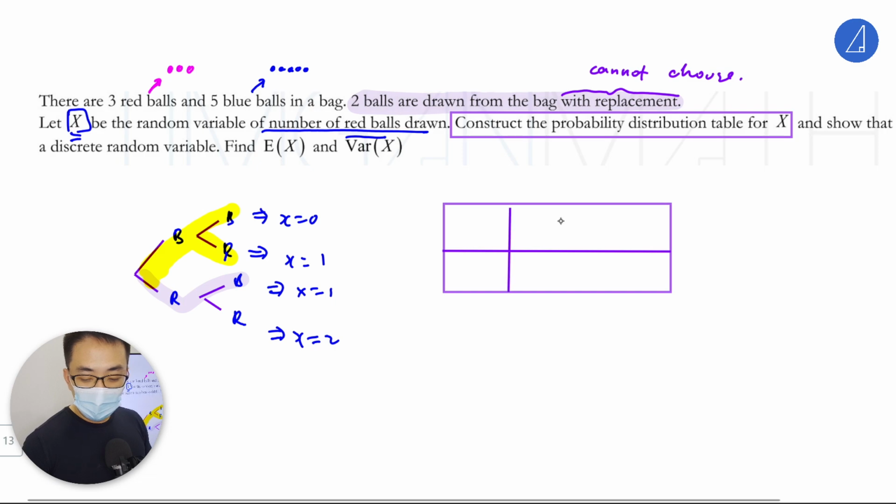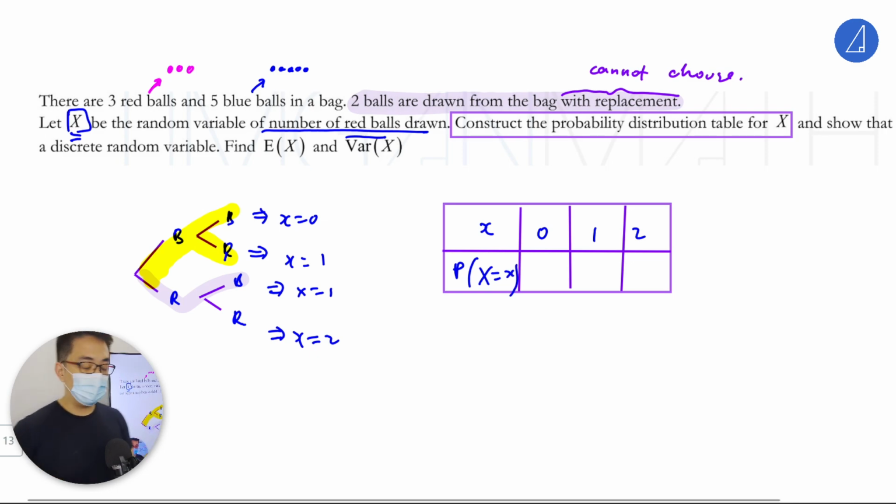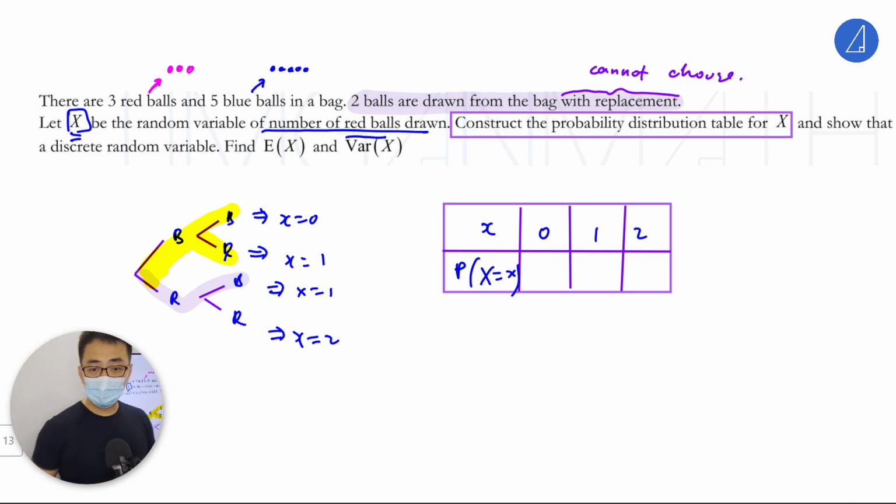You need to count the chances of X equals 0 happening, 1 and so on. So in this case, X equals 0, 1 and 2, and this is P(X equals x).